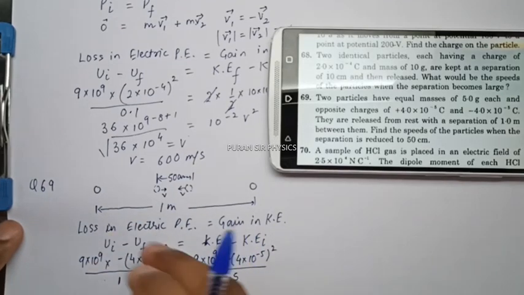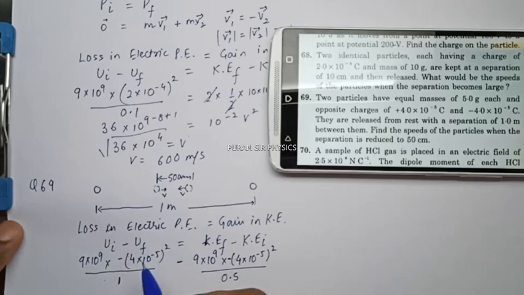So whenever we have to apply this energy equation, you should take the charges q with their sign. One is positive and the other is negative, so a negative sign will come here.